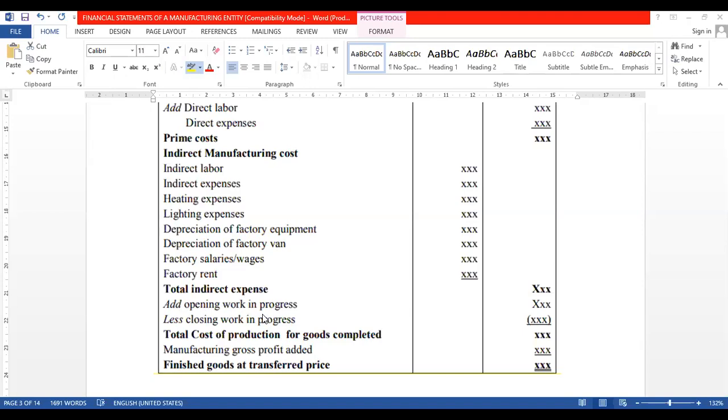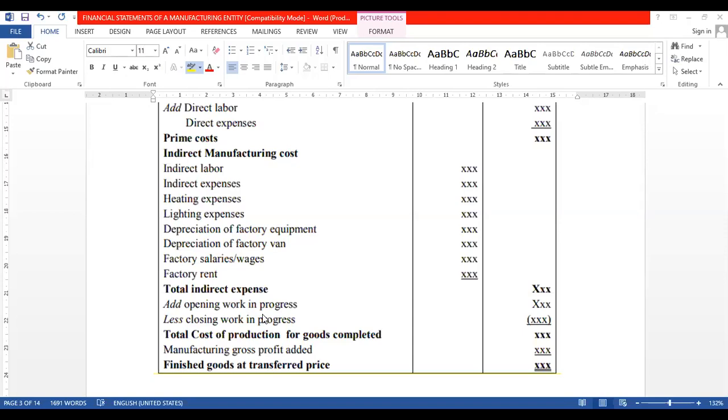For a manufacturing entity, it takes time before raw material is transformed into a complete product or a finished product. Therefore, you expect that sometimes at the end of the year, we may have some stock of raw materials that we have never utilized. We may also have some goods that are in between raw materials and finished product.